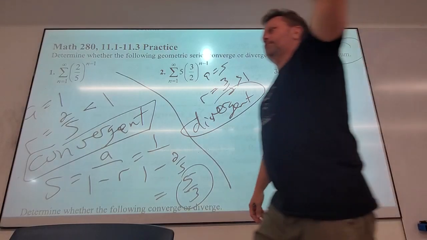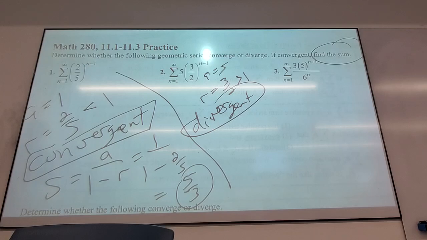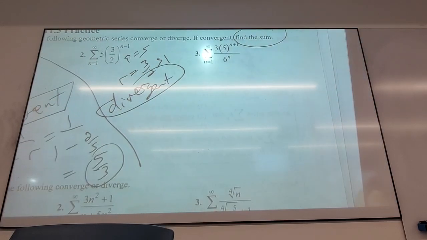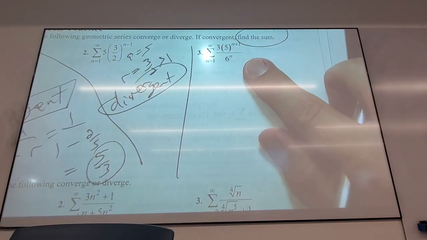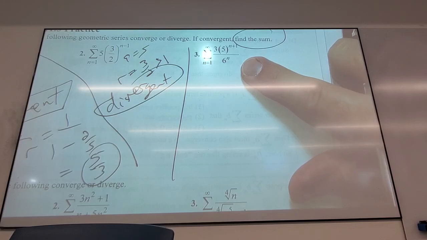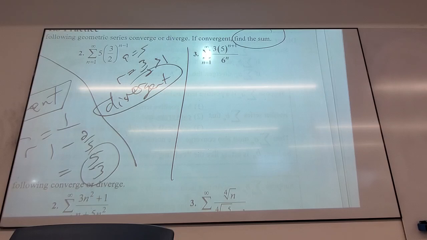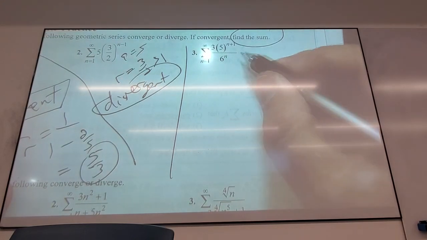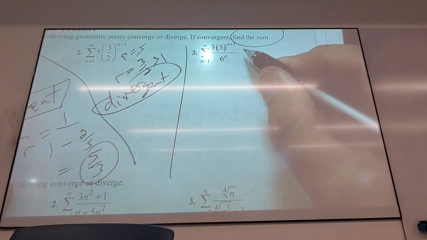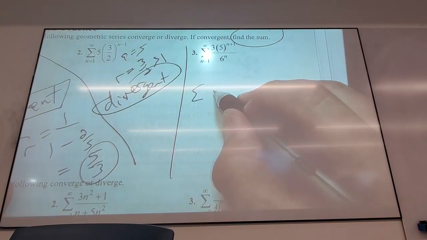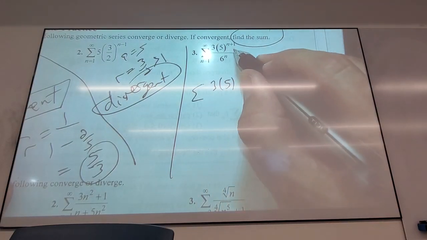So what do I do to make this? Now, 2 things. I'm going to do this 2 different ways. If I want to put this in the right form, which is basically what I've been telling everybody to do, but now I'm going to show you a different way to look at this. If I want to put this in the right form, how many 5's need to come out? 2. You guys see that?